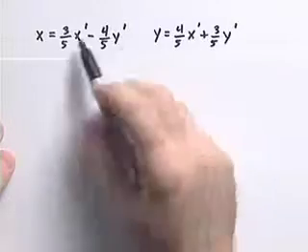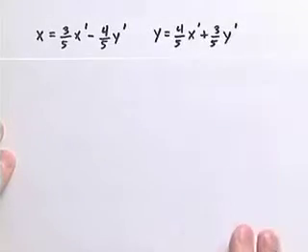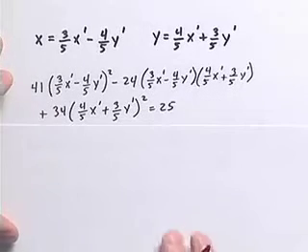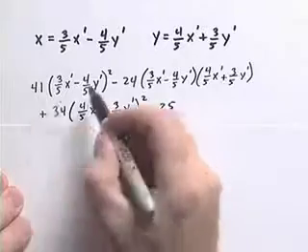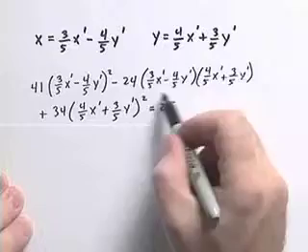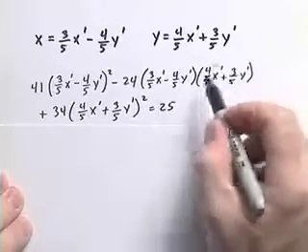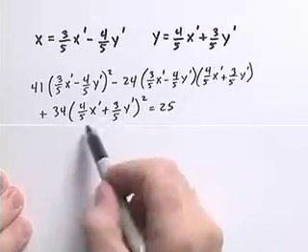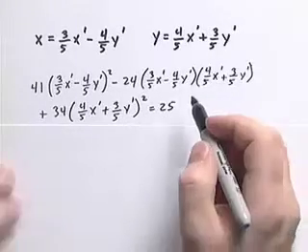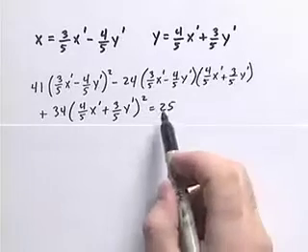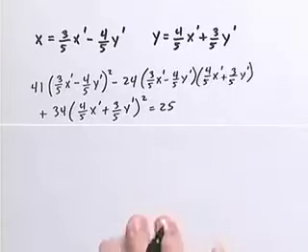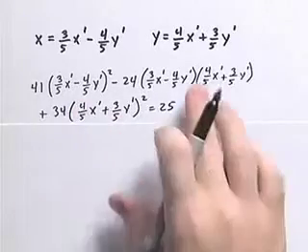If we substitute these expressions into our original equation, you'll get 41 times our new value for x squared, minus 24 times our value for x times our value for y, plus 34 times our value for y squared, and that's going to equal 25. If we multiply both sides by 25, that will get rid of our denominators, and then we're going to expand each of these squares and the product.